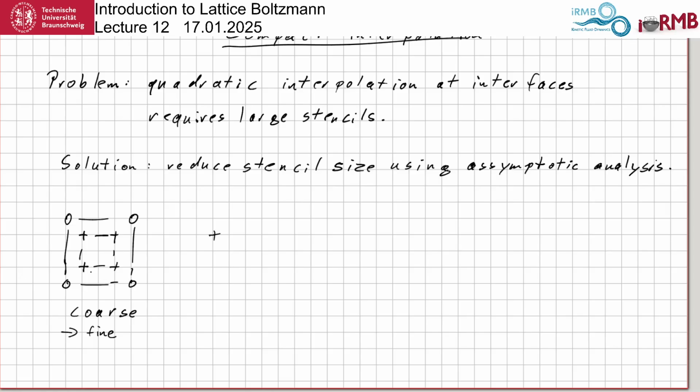And in the reverse, we want to use these 4 fine nodes in order to recover 1 coarse node, so fine to coarse.